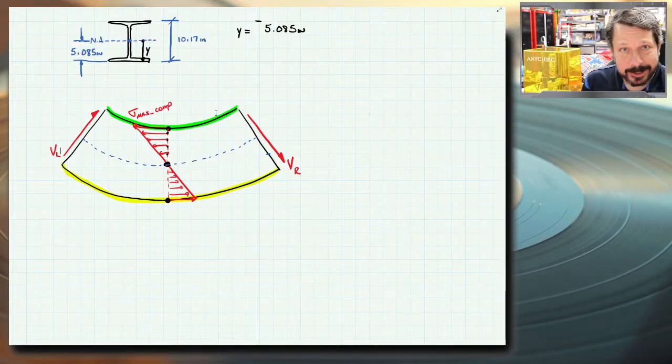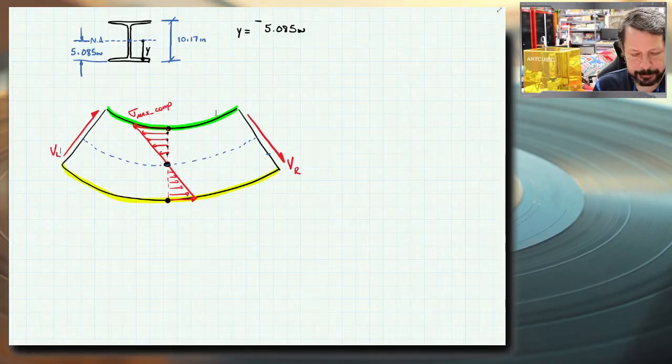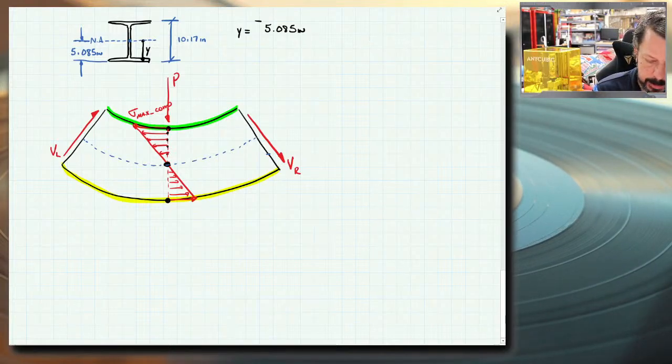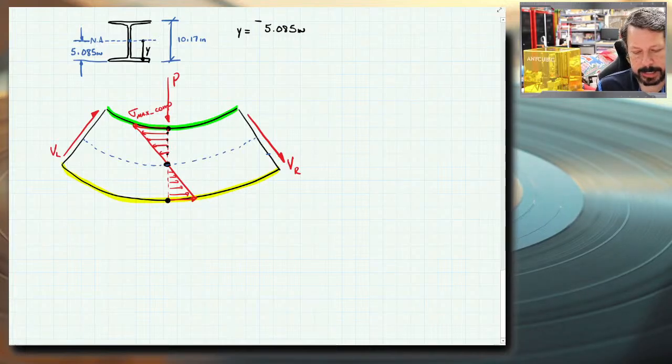So we still haven't got to M, though. M is what we want, the bending moment. So the other thing, if I look at this free body diagram, there'd be a force P applied to this thing to make it bend. And the shear force that I've got here would actually make them spin, so there's nothing to stop them from spinning.